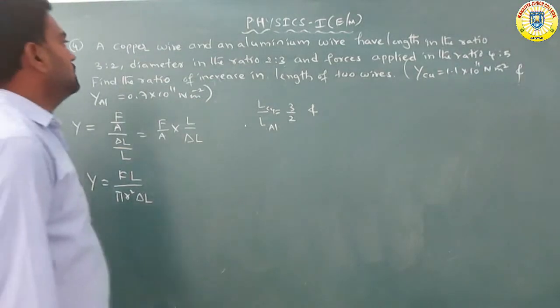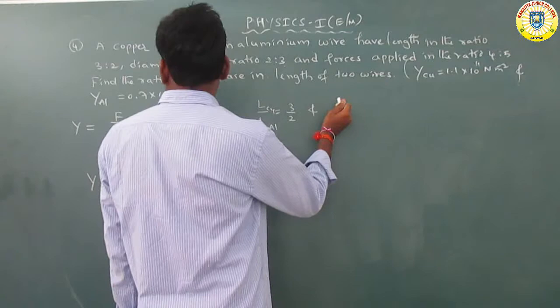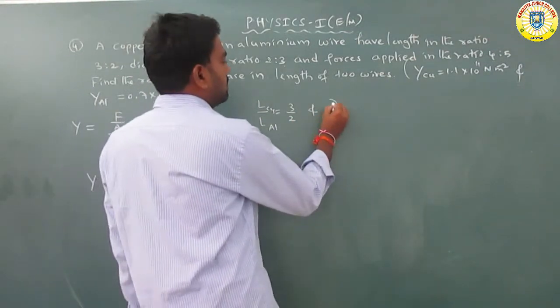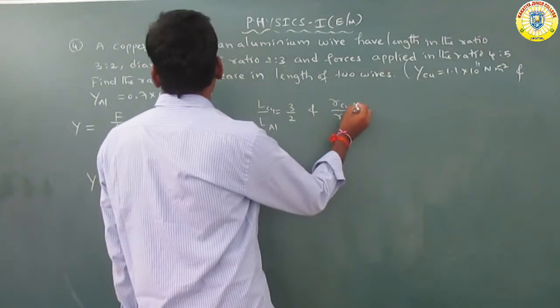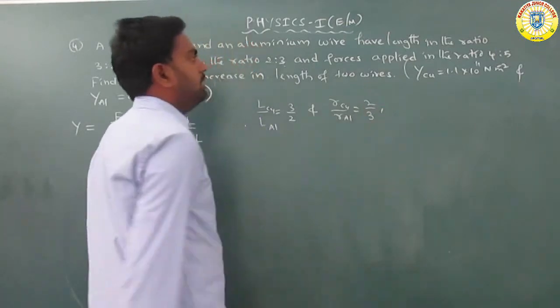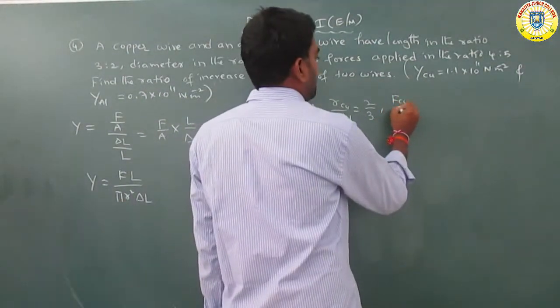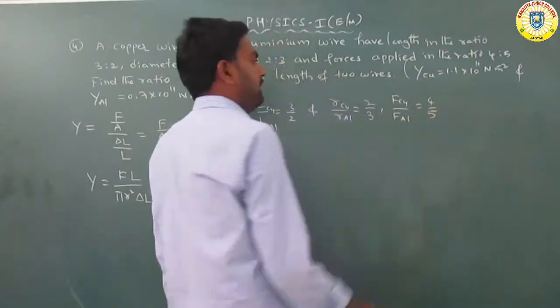The diameter, and hence the radius, of copper to aluminium is in the ratio 2 by 3. And the forces applied on copper and aluminium are in the ratio 4 by 5.